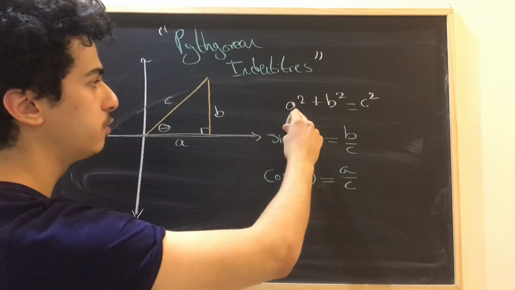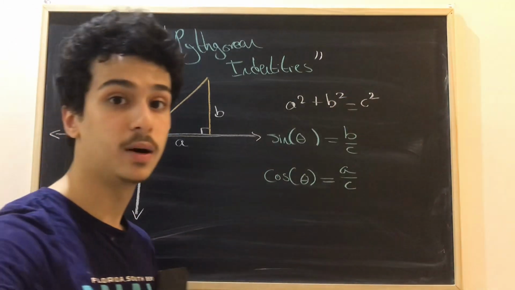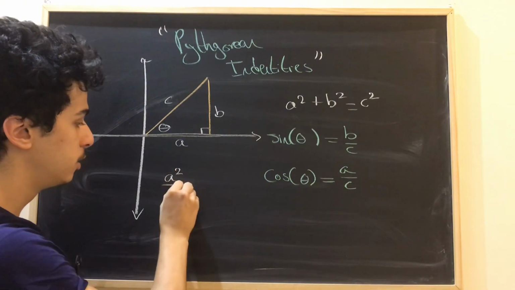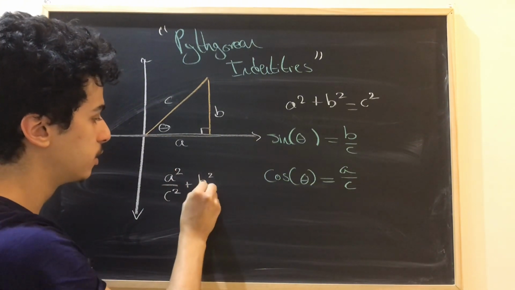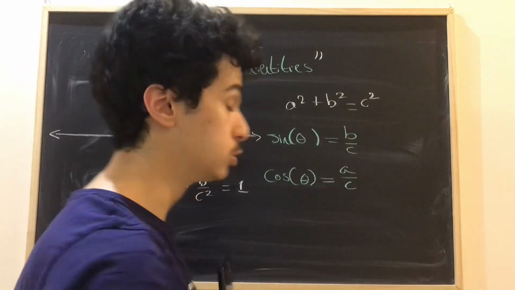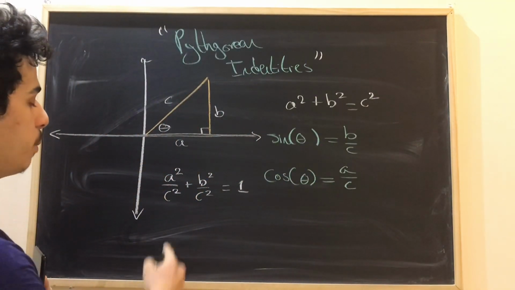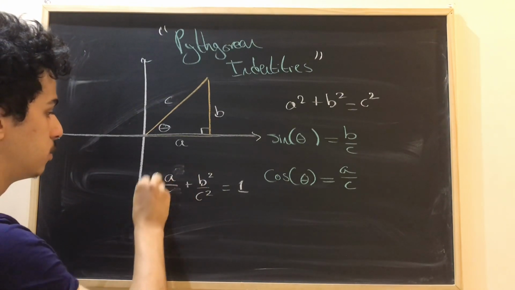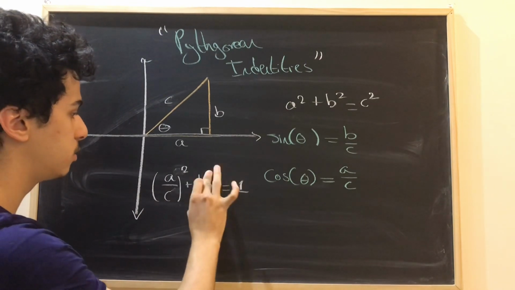Firstly, I'm going to divide both sides by c squared. So we get a squared over c squared plus b squared over c squared. This will all equal 1 because c squared over c squared is 1. And I'll put parentheses, so the square is outside.